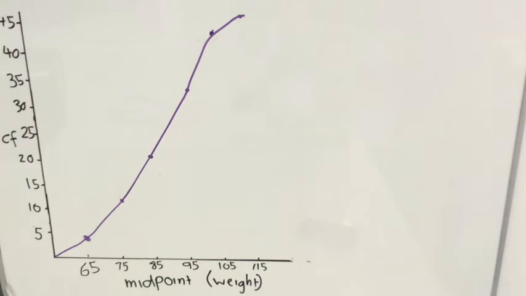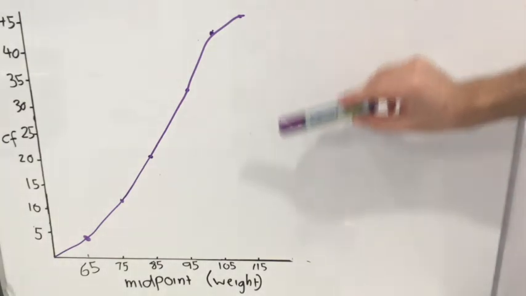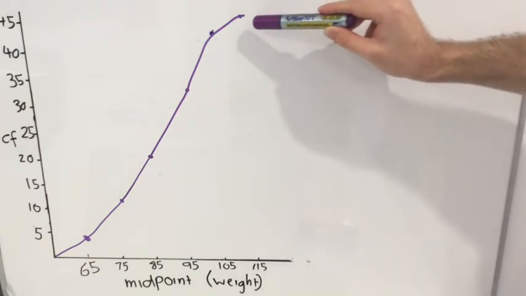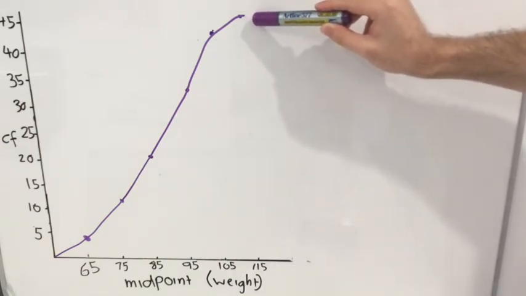Now, that's all the graphing you need to do. We just now need to add a bit of extra information to the graph so that we can find the median. Remember, the whole point we're doing this is to find the median age of our athletes. So I would like you to add another vertical axis, another line going up to the exact height of that last dot that you've drawn.